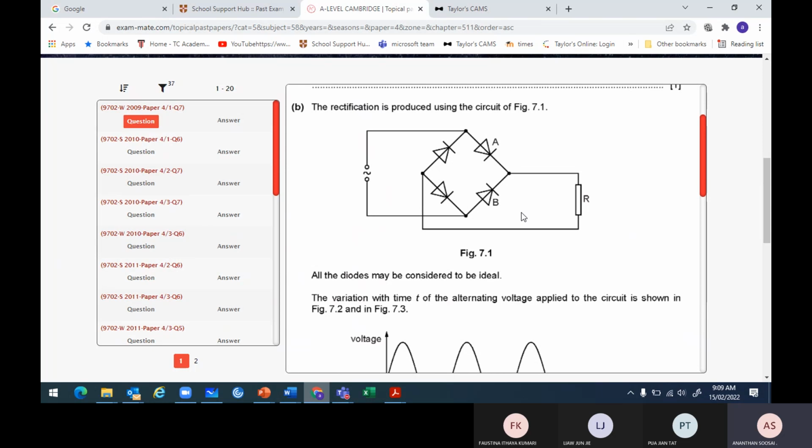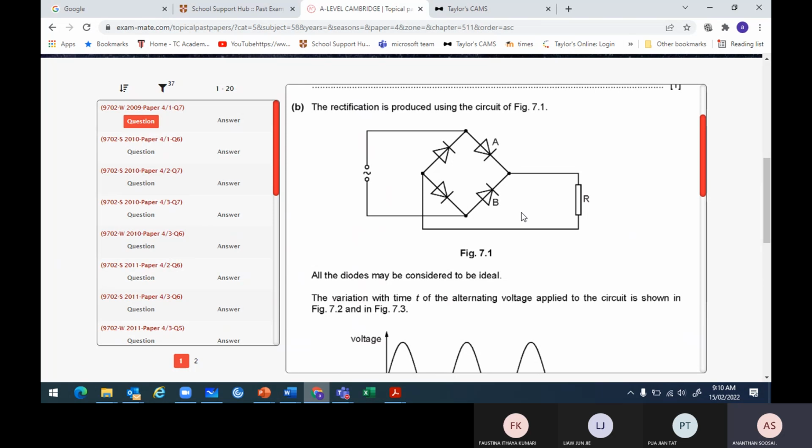Forward bias. When the diode is forward bias, does it use any voltage? No. Why? Low resistance. So for the first half cycle, the voltage across A is 0. Current is flowing through A, but it never consumes any voltage.